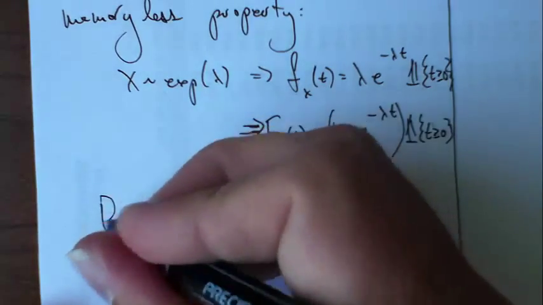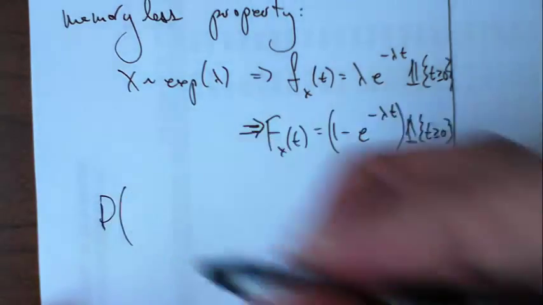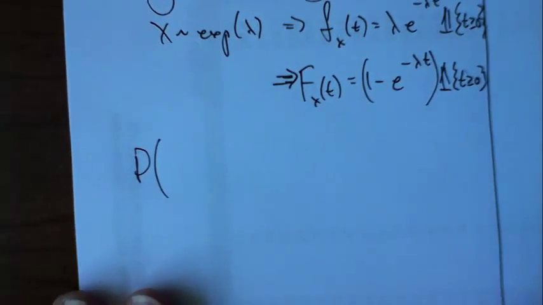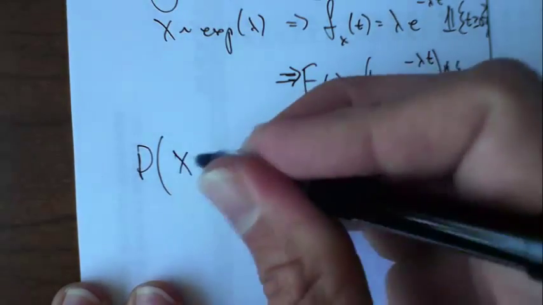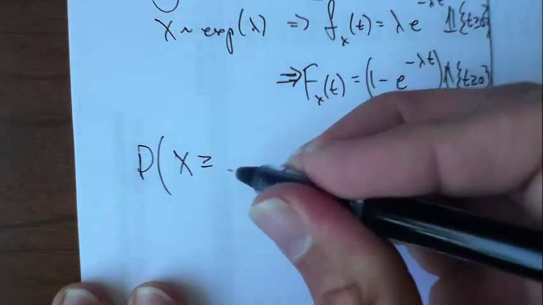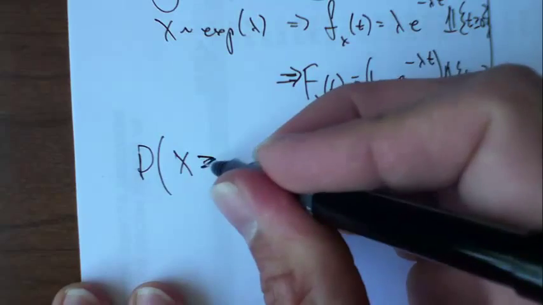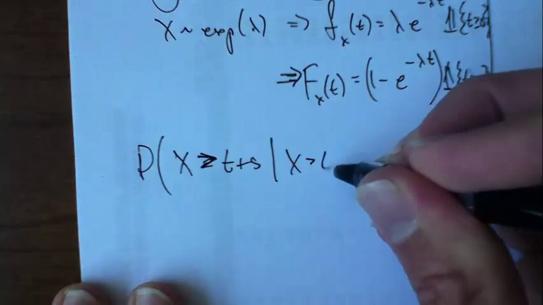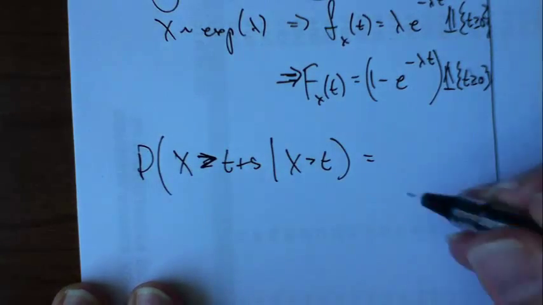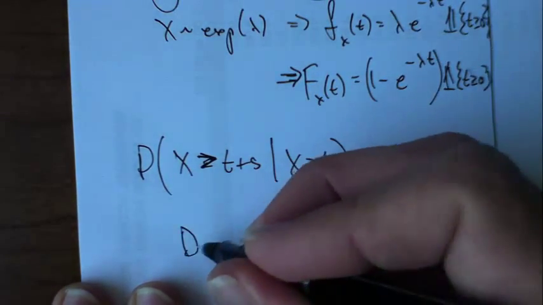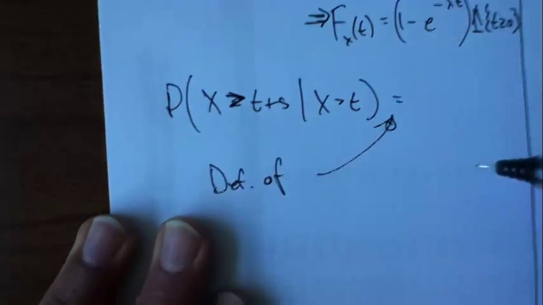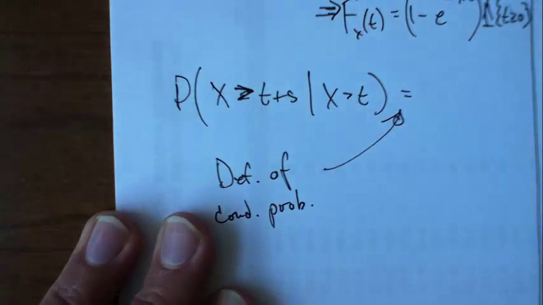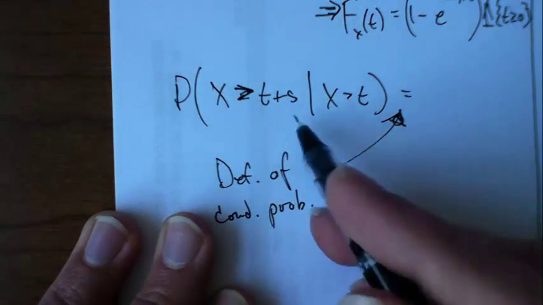So what I want to do is prove that the memoryless property holds for exponentials. I'm going to start with the left-hand side of what the memoryless property says: the chance that X exceeds t plus s, given it exceeds t. I'm going to use the definition of conditional probability, because that's exactly what that is.